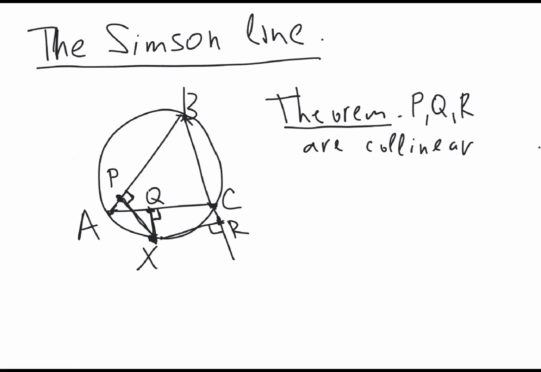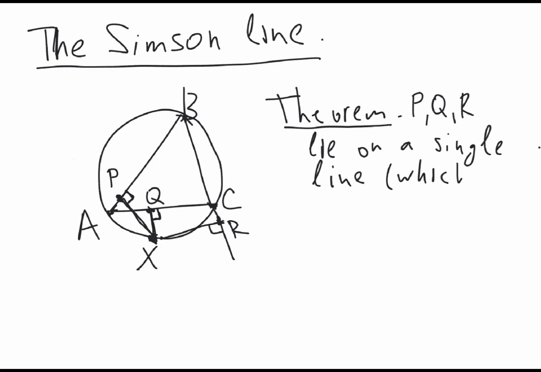Because we need to introduce the name of the line, let's write it as so: they lie on a single line, which is called the Simson line.